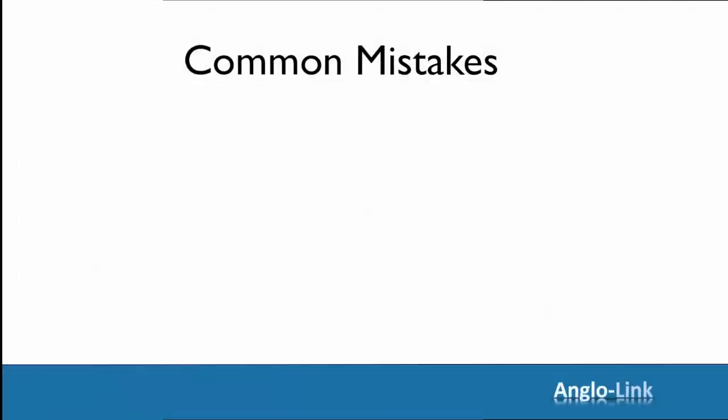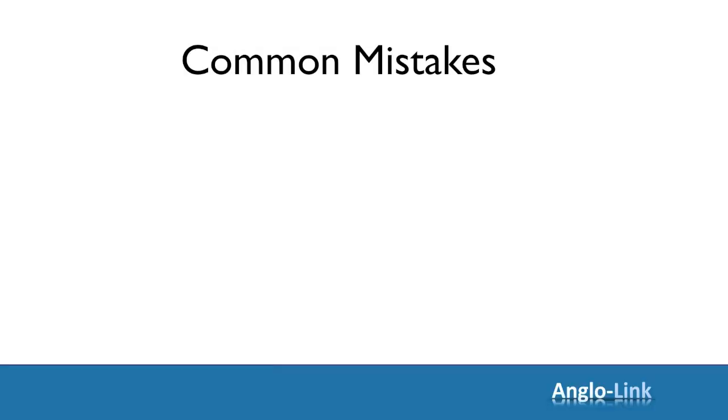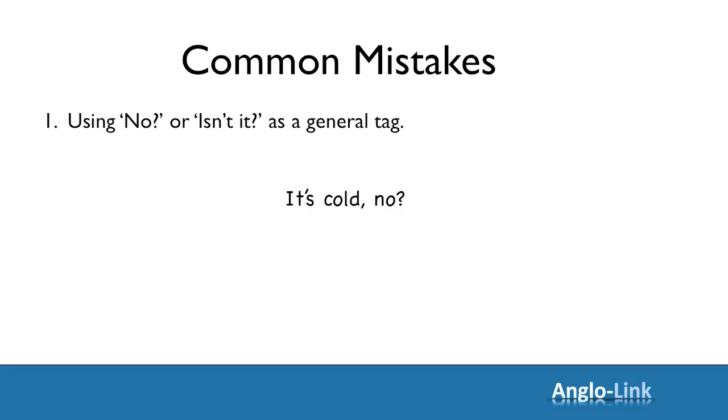Right then, let's have a look at common mistakes. The most common mistake is using a simple no or isn't it as a general tag for all kinds of statements. This is possible in some languages, but in English you need to formulate the correct tag. Let's have a look.